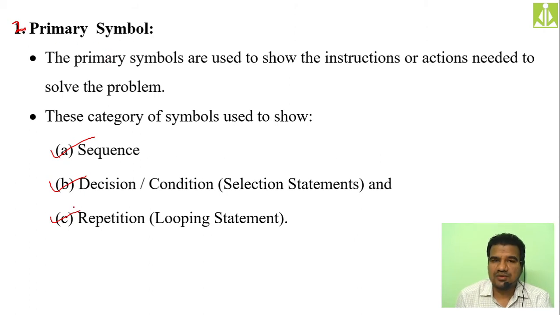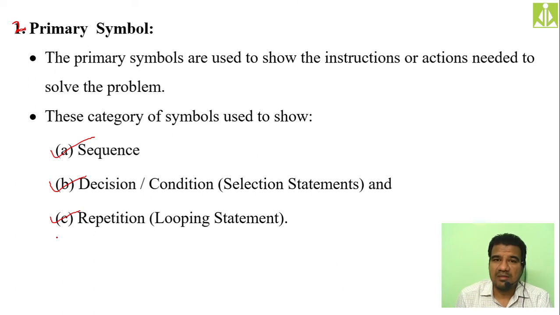One by one, we need to discuss all these three. First, we go with sequence, then we discuss decision making, finally the repetition process. At the time of the algorithms discussion, we also discussed three categories of algorithms. The sequential algorithms, where all statements will be considered sequentially.